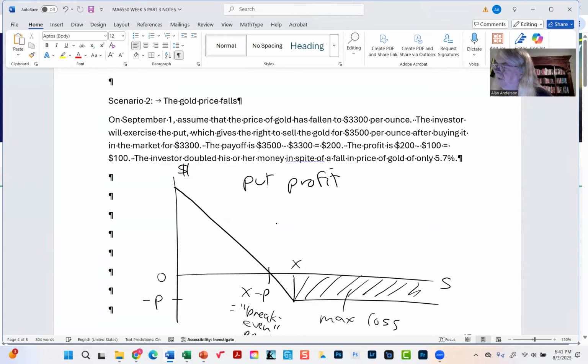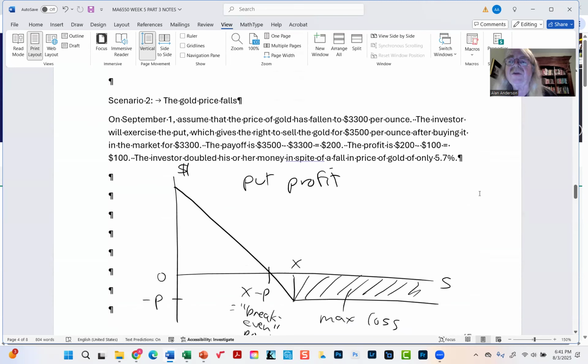The only key difference between the two is that with the call, there's literally no maximum profit. This line could go up forever. Over here, though, there is a maximum profit because the gold price can never be negative. So there is a maximum, but it's very, very high, to say the least. So that's one way in which the symmetry breaks down.